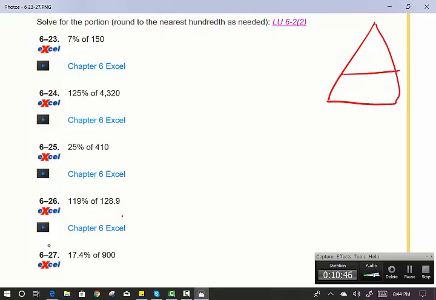Remember that the part is in the top, the base is in the bottom, and the rate is in the right. This horizontal line represents division, and this vertical line represents multiply.